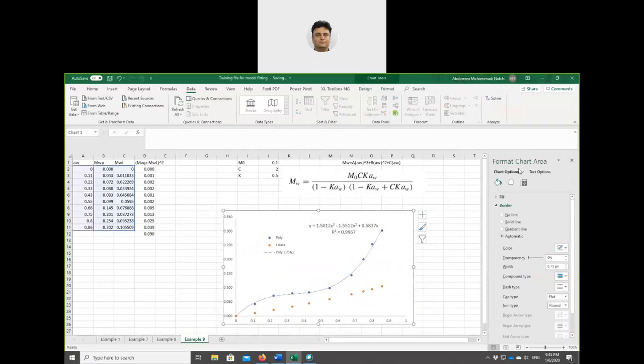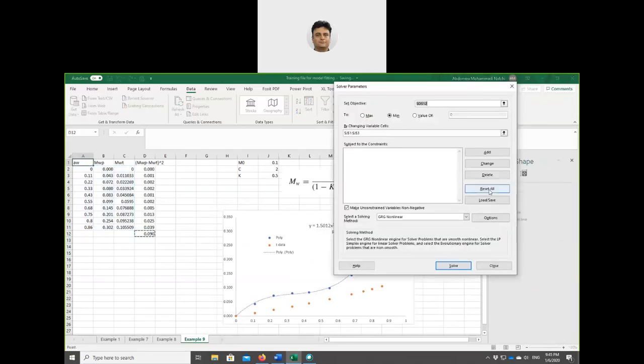So solver, reset all. Okay, the objective is here. I want to minimize D12 by changing these three. Now I have three options here, and none of them is negative, so it should be marked here.